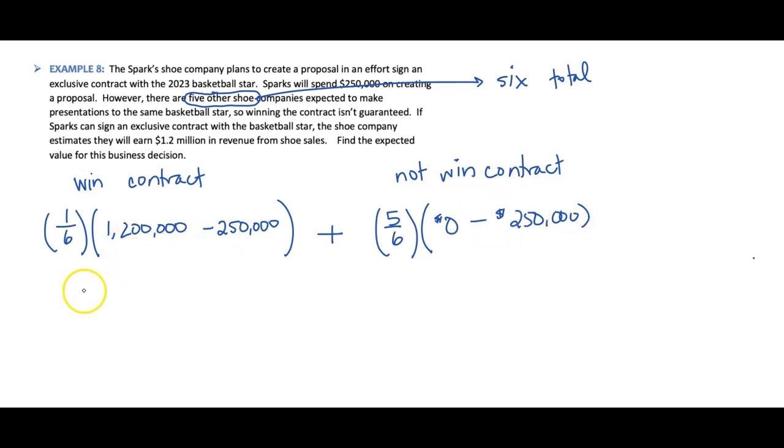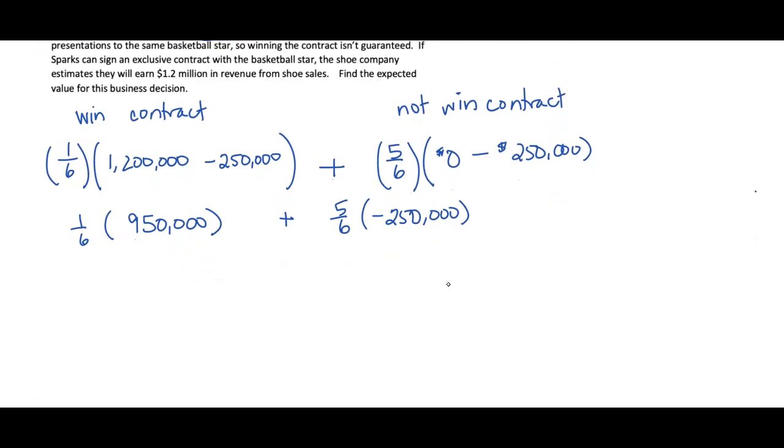Simplifying here on the left, we get 1/6 times 950,000 plus 5/6 times negative 250,000. And since we're working with money, we can go ahead and simplify. 1/6 times 950,000 ends up being $158,333.33, rounded to the nearest penny.